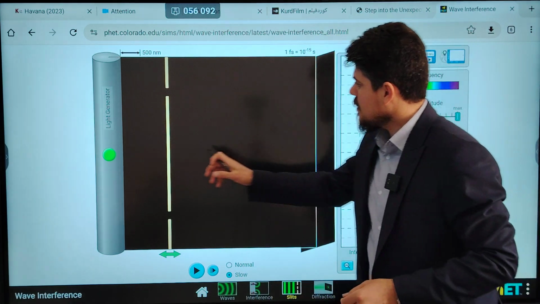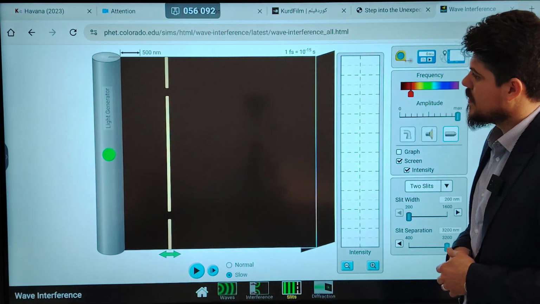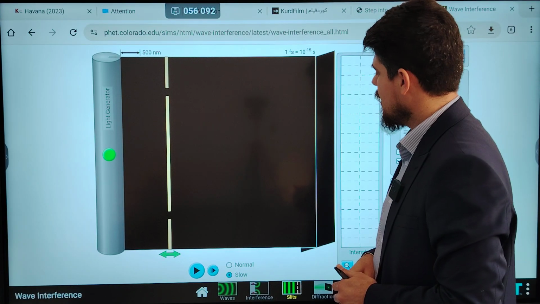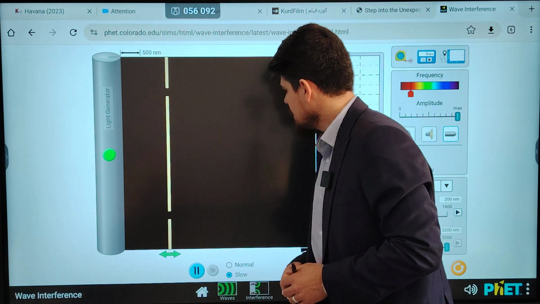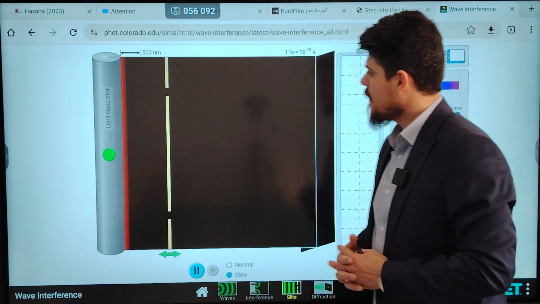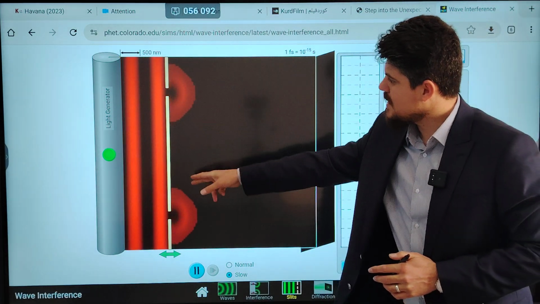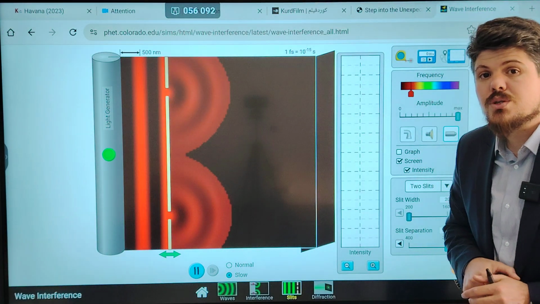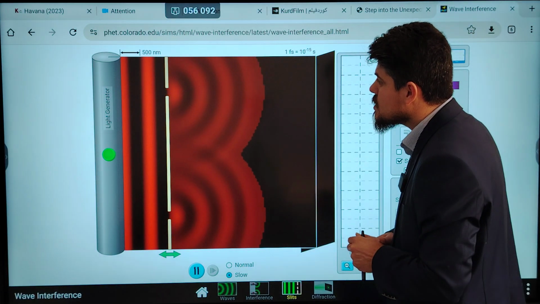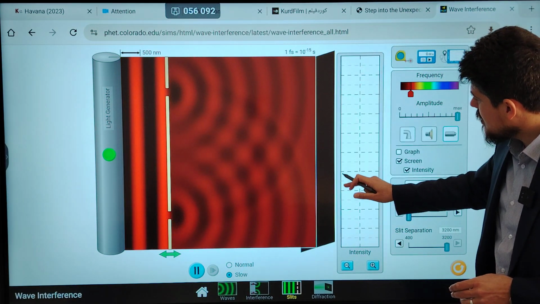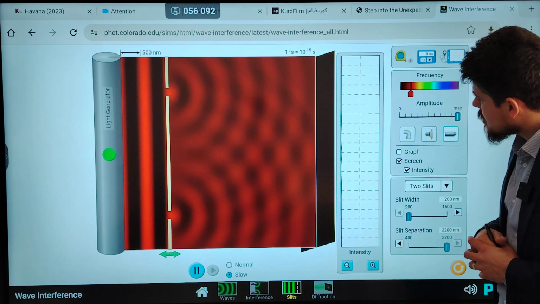Look. Each slit acts as a source according to Huygens' principle. Huygens was the first scientist who discovered this phenomenon. Look, now you can see bright fringe and dark fringe.